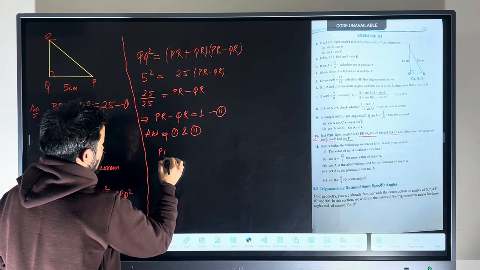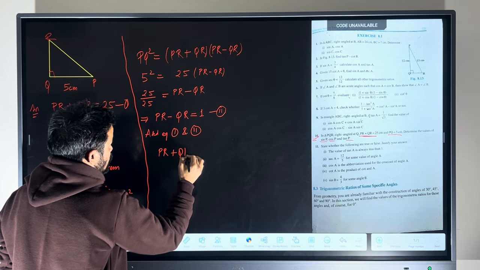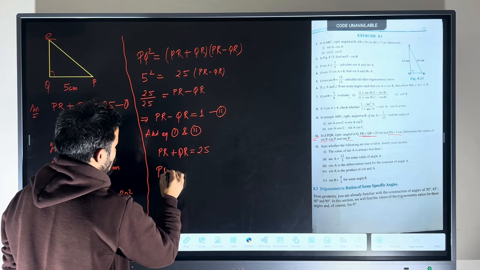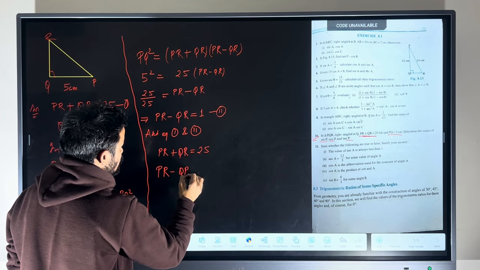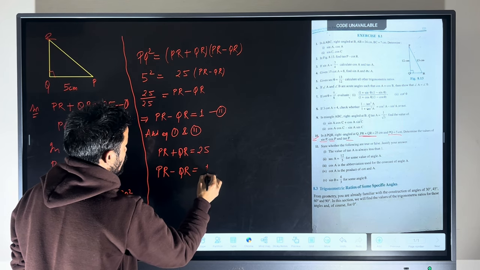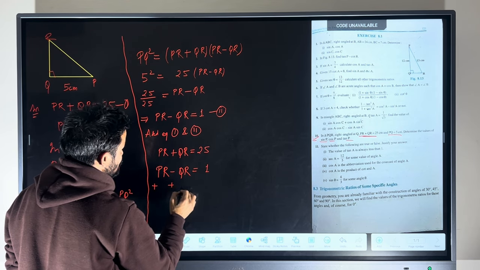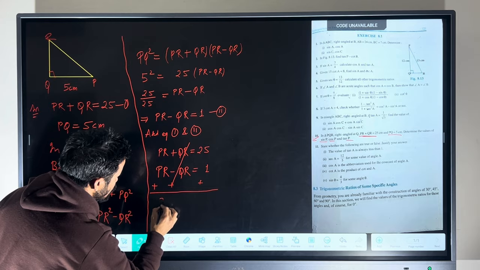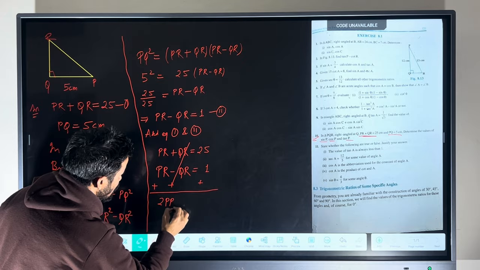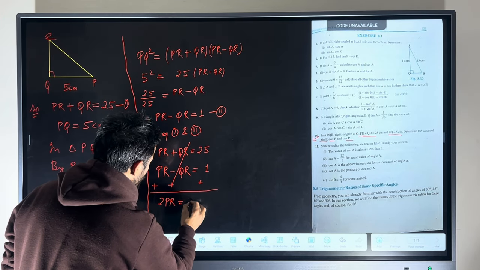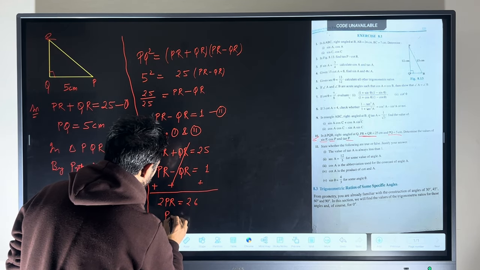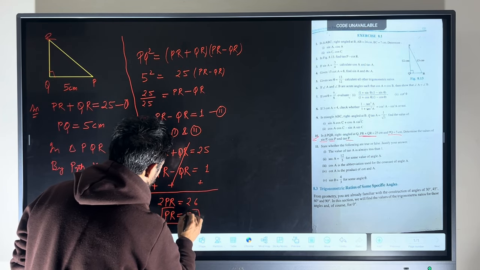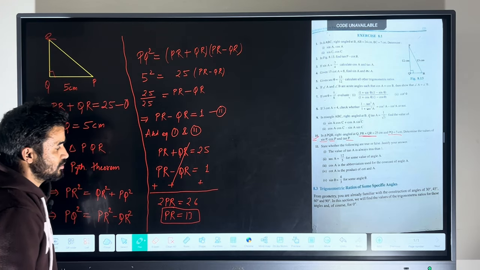PR plus QR is equal to 25, PR minus QR is equal to 1. Add, so 2 PR is equal to 26 and PR is equal to 13.